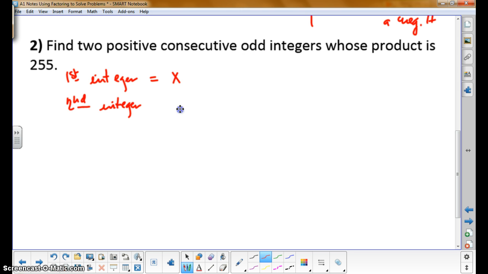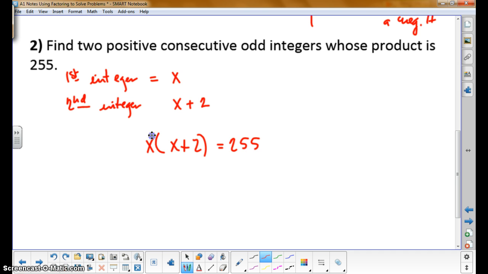So like between 1 and 3, that's going to be 2 steps. So find two positive consecutive odd integers whose product is 255. As you know, a product is these two multiplied together. So x times x plus 2, and that product is 255.